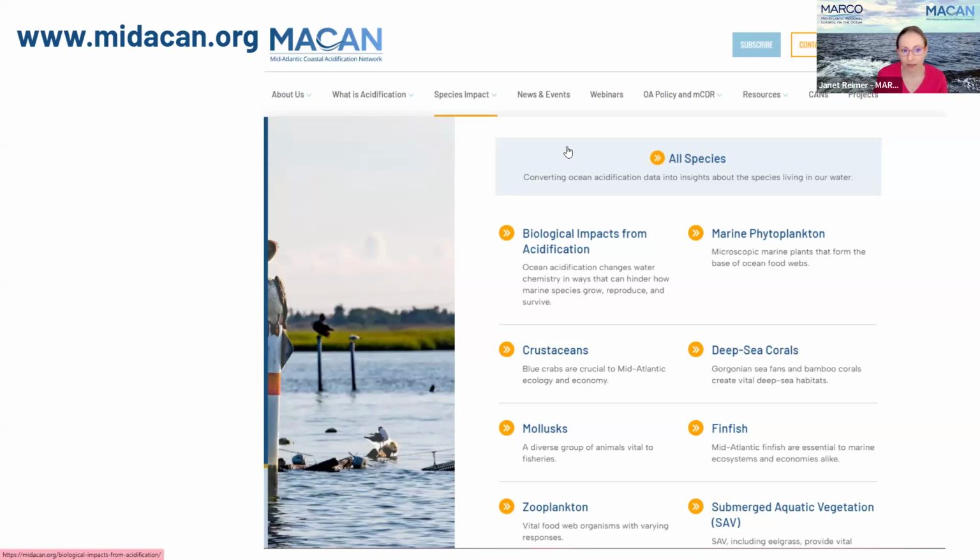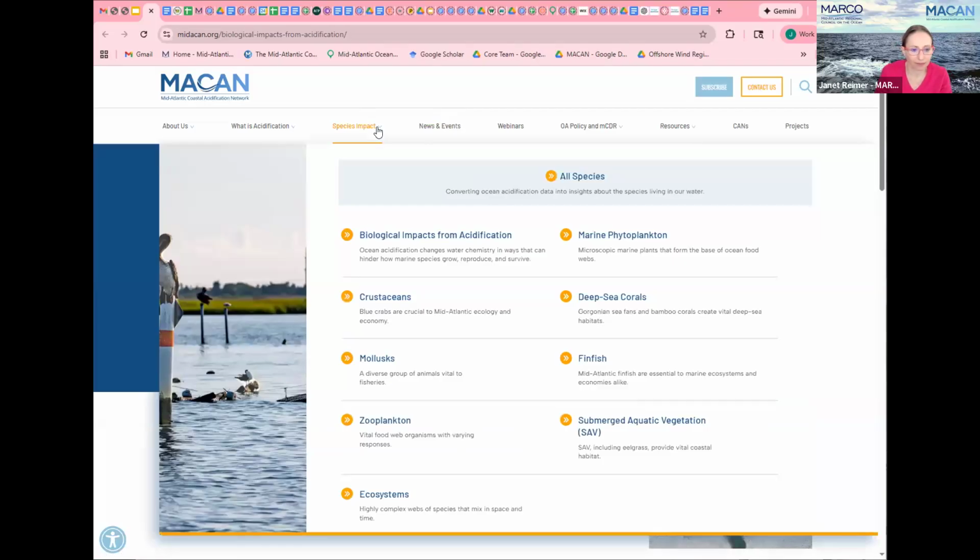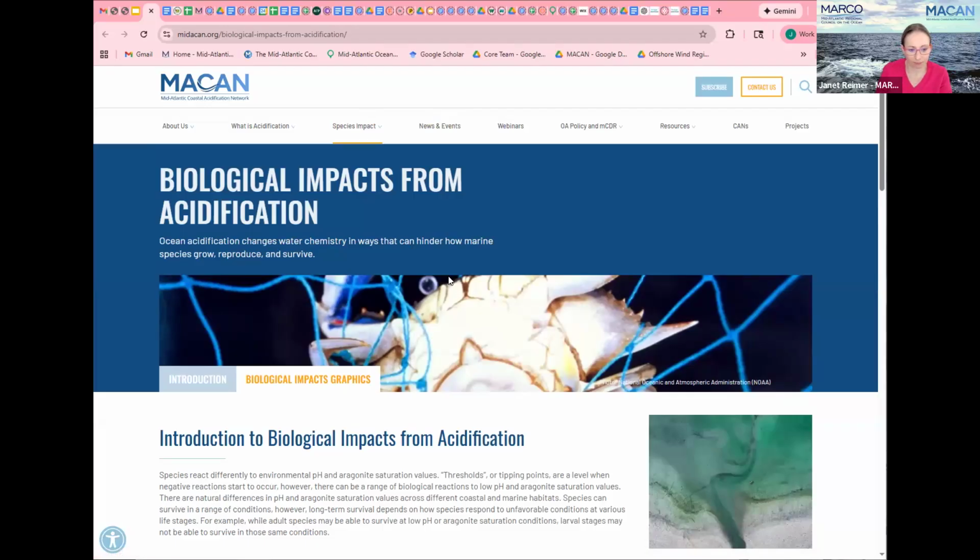And up at the top of our homepage, you'll see a drop-down menu for species impacts. And then from species impacts, you would click on biological impacts from acidification. And here I am taking you over to the website right now.